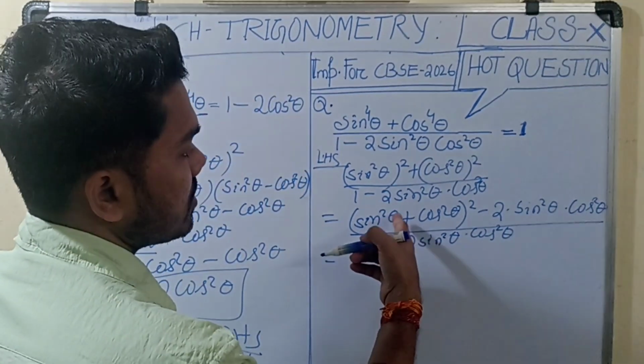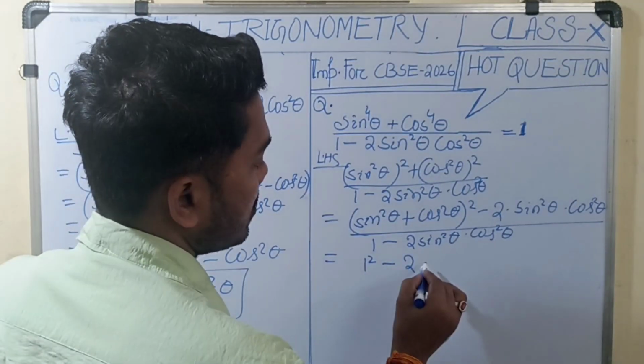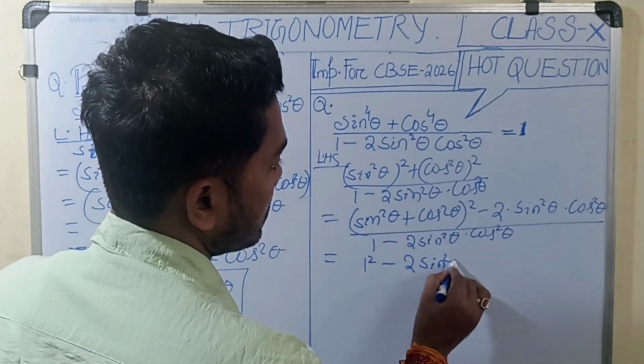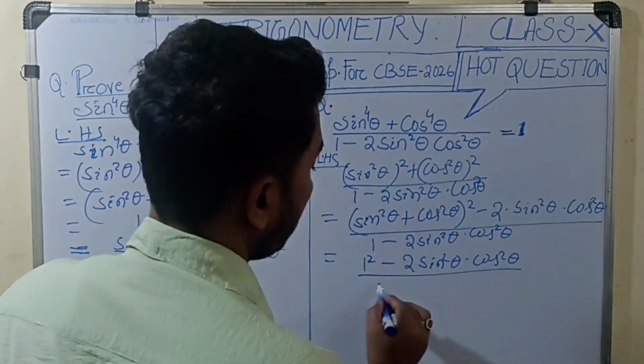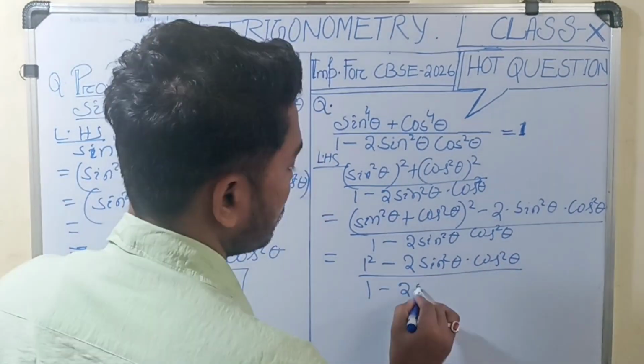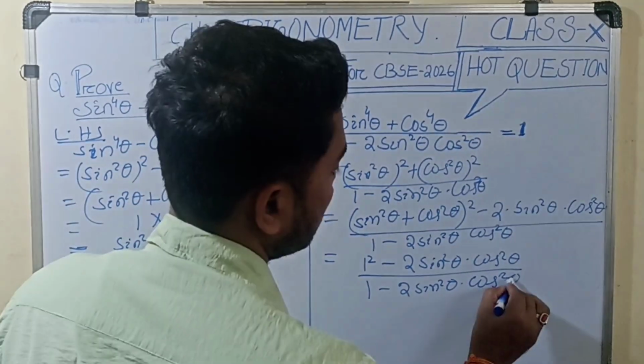And sin square theta plus cos square theta, students, you know is 1.